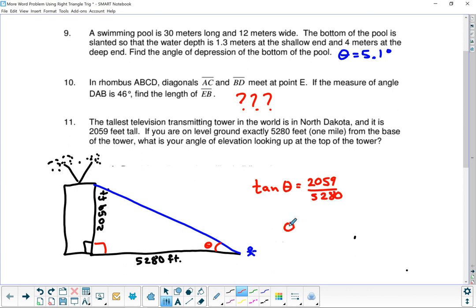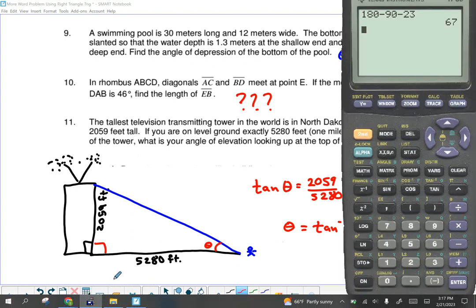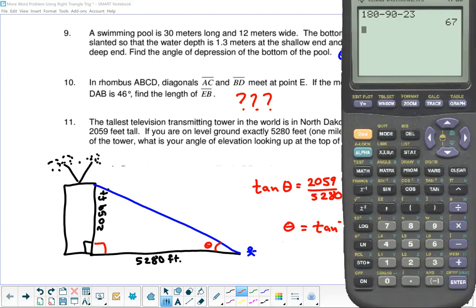Inverse tangent of both of those. So theta is equal to inverse tangent of 2059 over 5280. Inverse tangent of 2059 divided by 5280 gets you about 21.3 degrees.